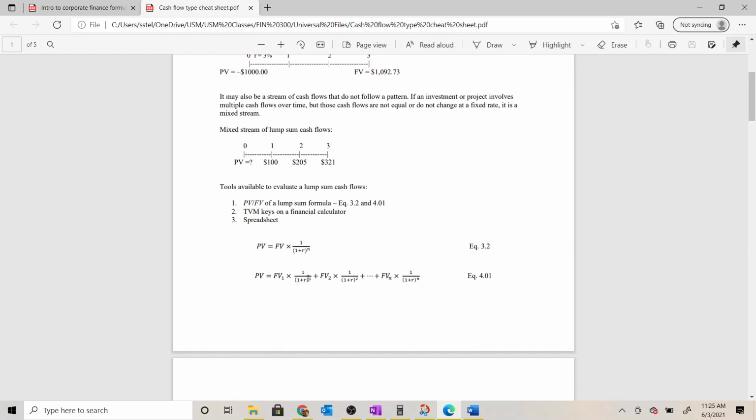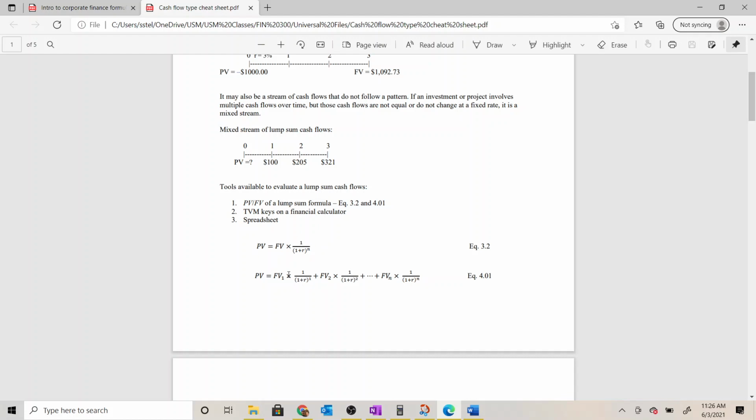So we discount that first cash flow back one period. We add to that the second cash flow, future value 2, that's discounted back 2 periods, and then so on for however many cash flows we happen to have. So these two equations, equation 3.2 and equation 4.01, are identical. It's just that in 4.01 we have multiple cash flows that we're summing together once we've converted each one to present value.